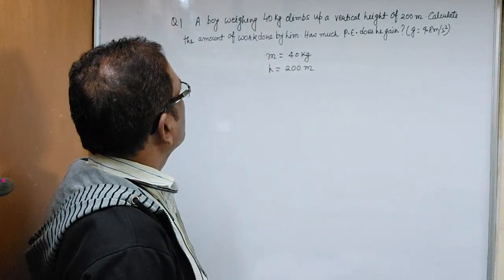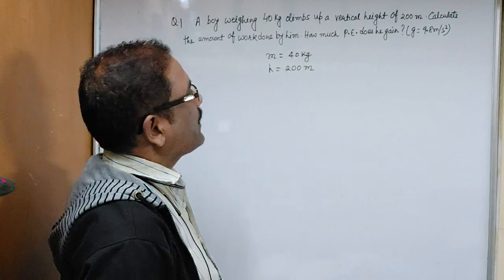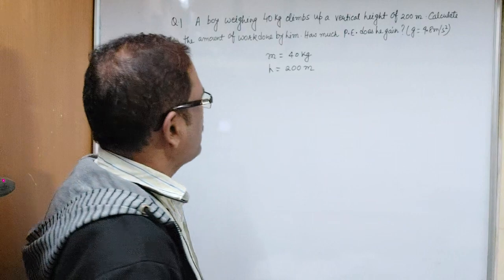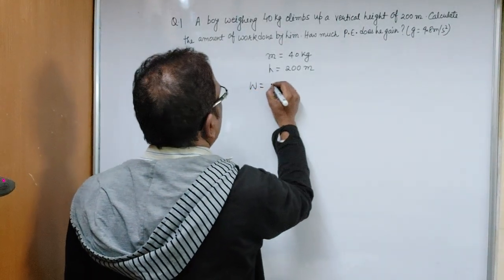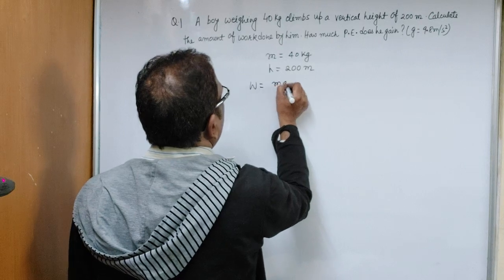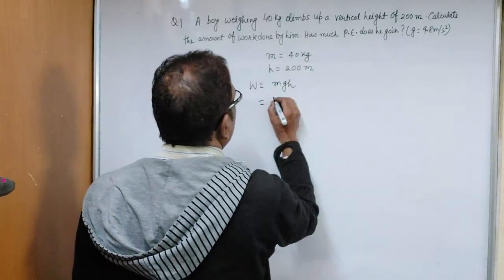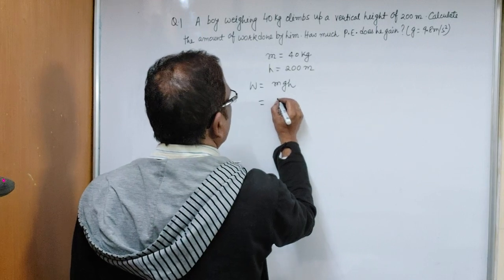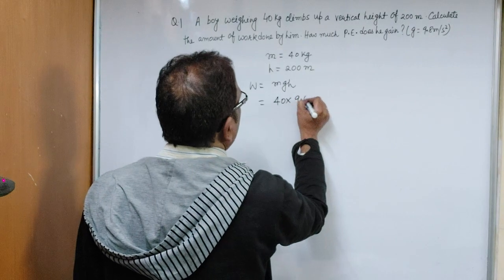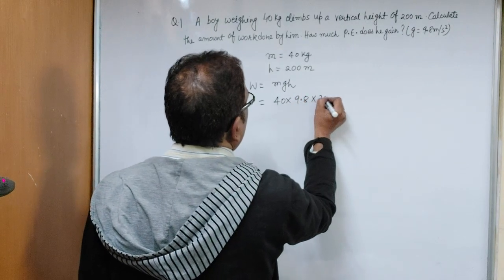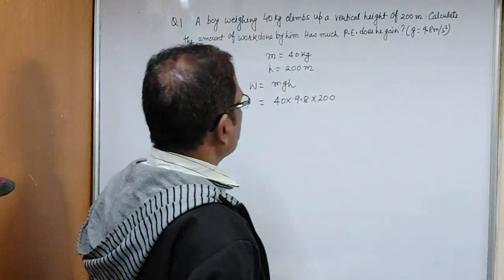How much work the boy is doing to attain a height of 200 meter. So as we know, work done is equal to mgh. So g is also given. So mass is 40 kg, g is 9.8, and h is 200 meter.